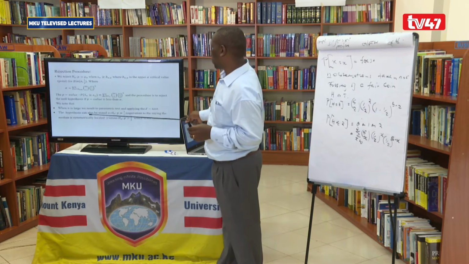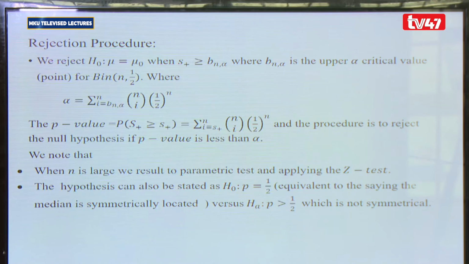Then we note that when n is large, we resort to parametric tests and apply the Z tests.